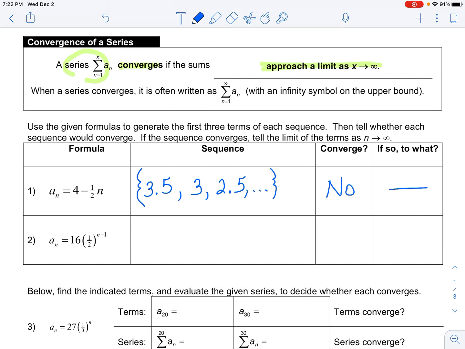On number 2, a sub n equals 16 times 1/2 raised to the n minus 1. So if we go through this, plug in 1 for my first term, 16 times 1/2 raised to the 1 minus 1, that will be 16.